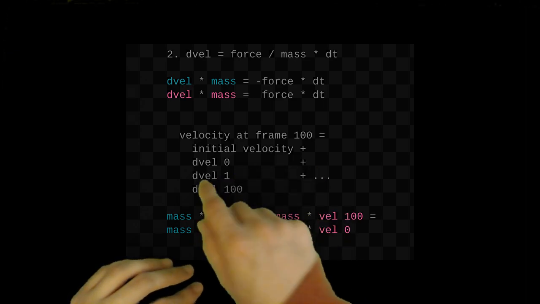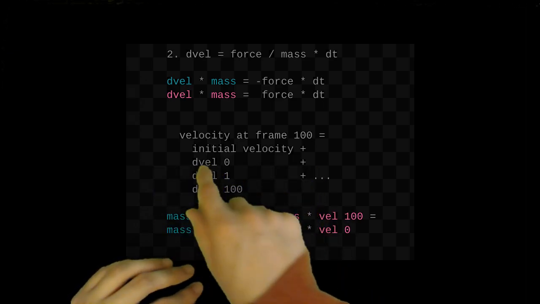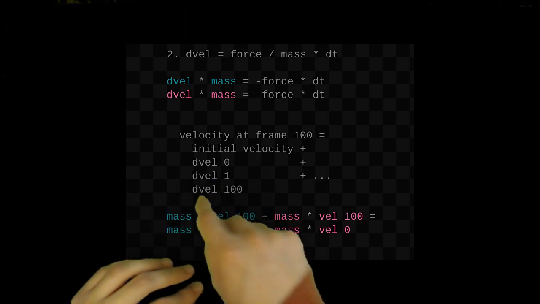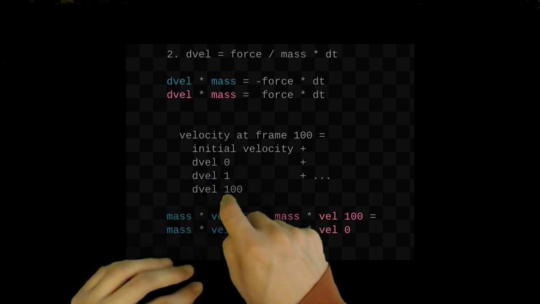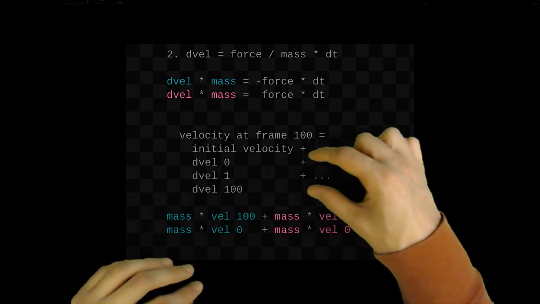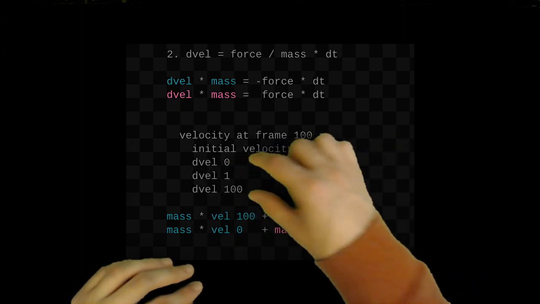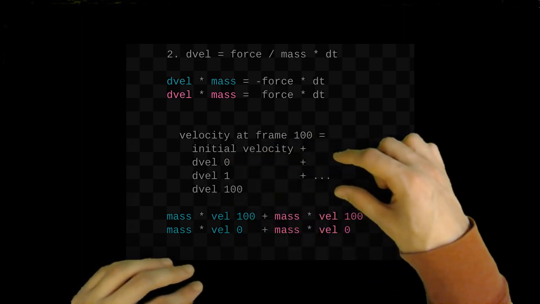So what that means is that since each of these lines are equal and opposite for the two different objects, the sum of all of these items is going to be equal and opposite for the two objects.